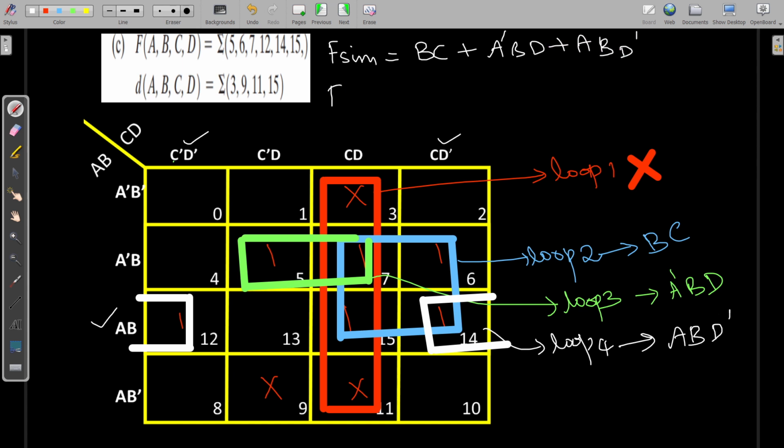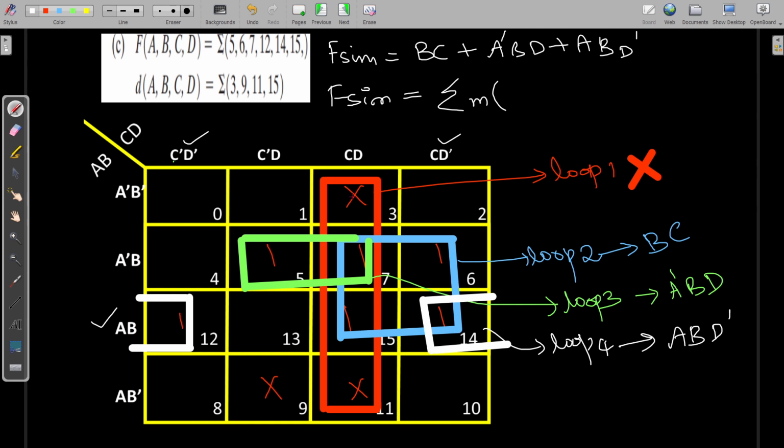But we have to write it as minterms. Okay, so we go for this summation of minterms. Loop 2 consists of 6, 7, 14, 15, and then loop 3 is 5. So all these things we can write, which are covered by this. I start from this.